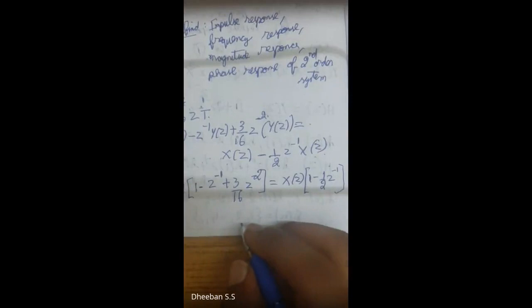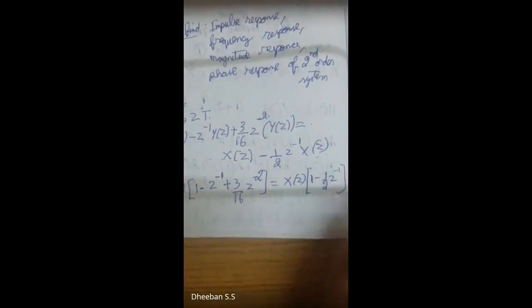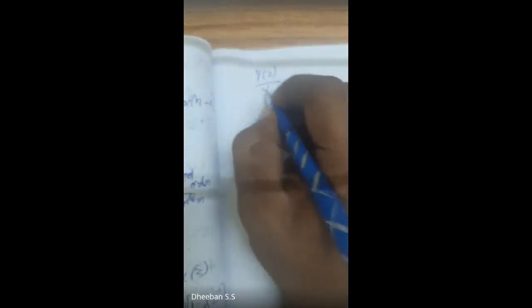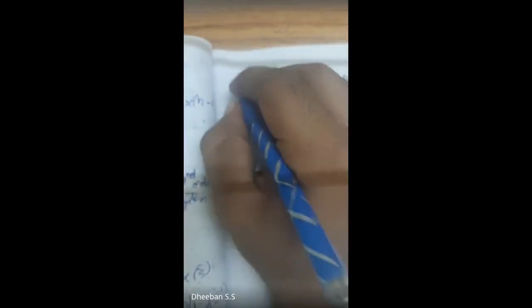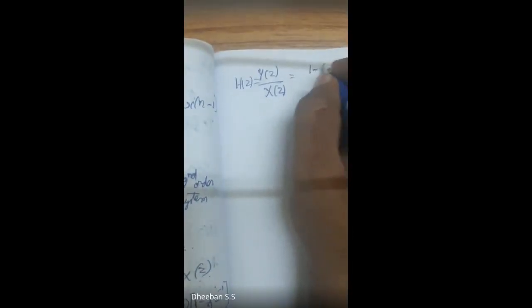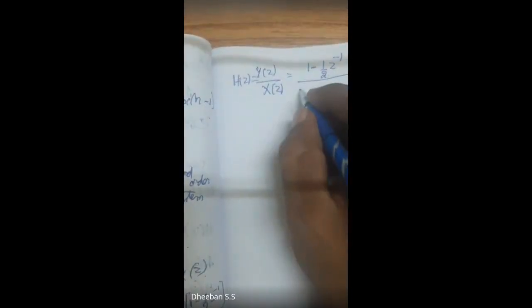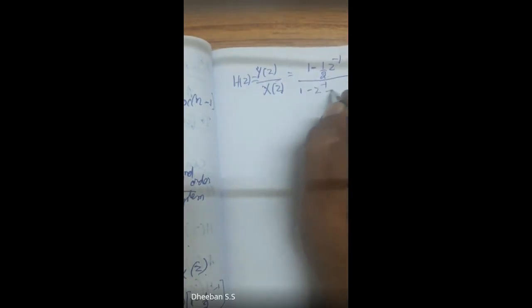Now next, we have to bring it on one side to get the transfer function. So y of z by x of z equal to h of z will be equal to 1 minus 1 by 2 z power minus 1 divided by 1 minus z power minus 1 plus 3 by 16 z power minus 2.